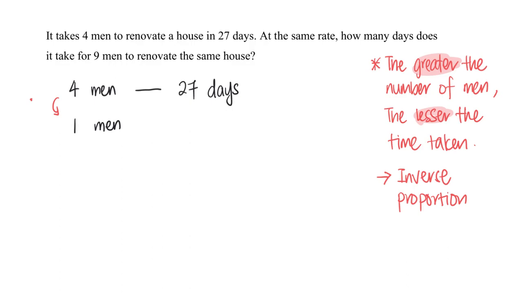So if I divide by 4 to give me 1, I will have to multiply by 4. And that will give me 108 days.